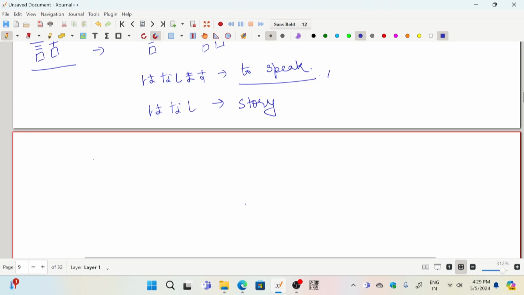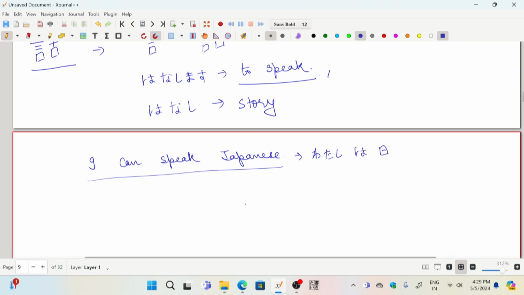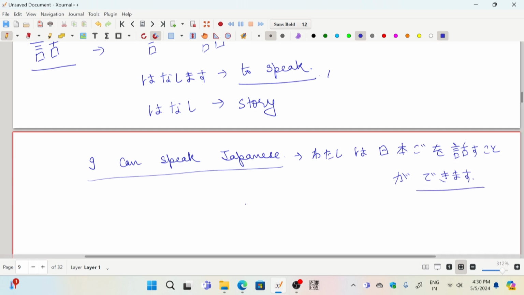So if we say I can speak Japanese, it will be: Watashi wa nihongo o hanasu koto ga dekimasu. So koto ga dekimasu means can speak Japanese.